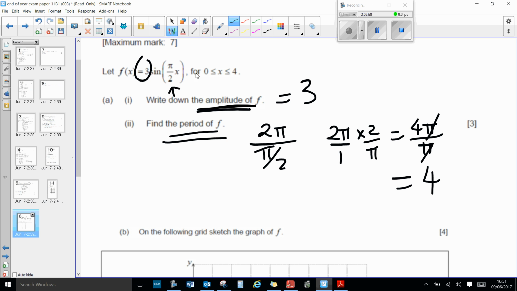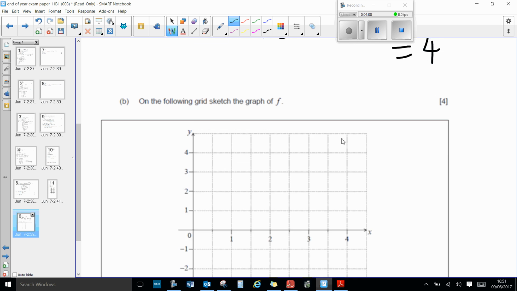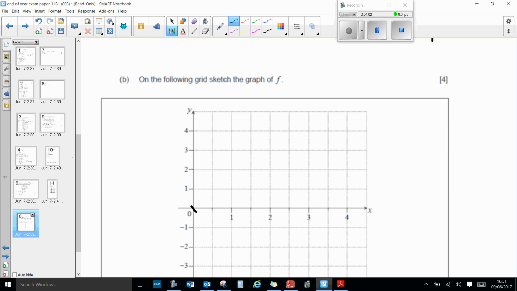There is no horizontal shift, so it starts here. They've kindly split it up into 4 portions. We're used to 90, 180, 270, 360, but instead we've got 1, 2, 3, and 4. But we follow the same pattern as we would have had it been 90, 180, 270, 360. So there is our answer there.